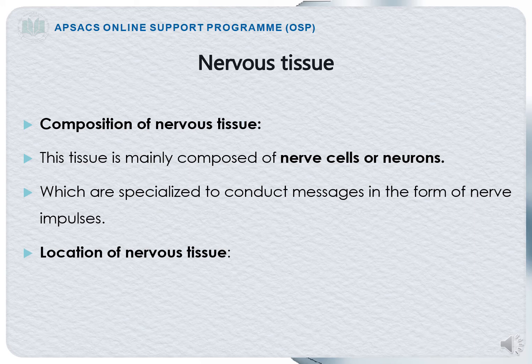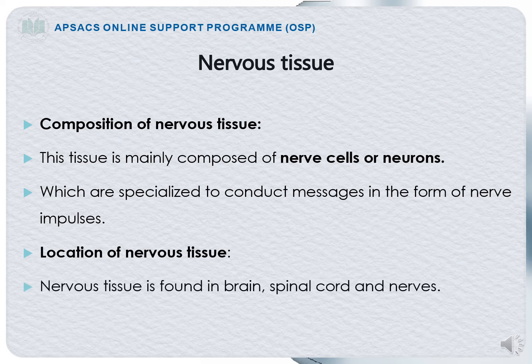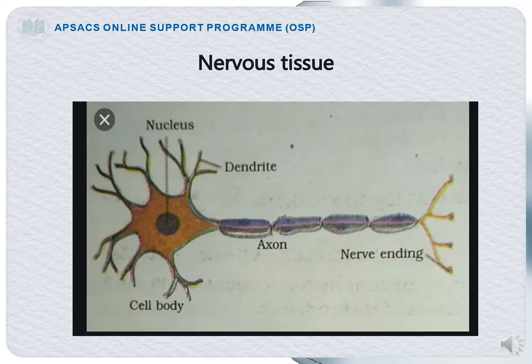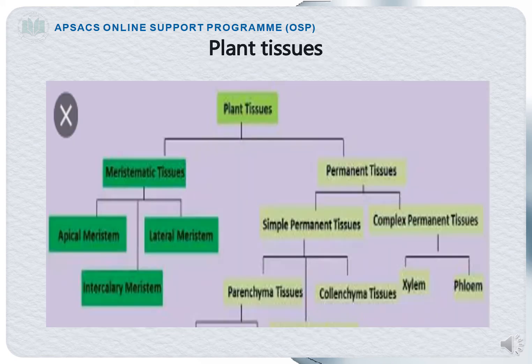Now, what is the location of the nervous tissues? Nervous tissue is found in the brain and spinal cord, and this is the diagram of the nervous tissue having a nucleus, cell body, and these branches are called dendrites. The trunk is known as the axon, and at the end the root-like structure is called the nerve.